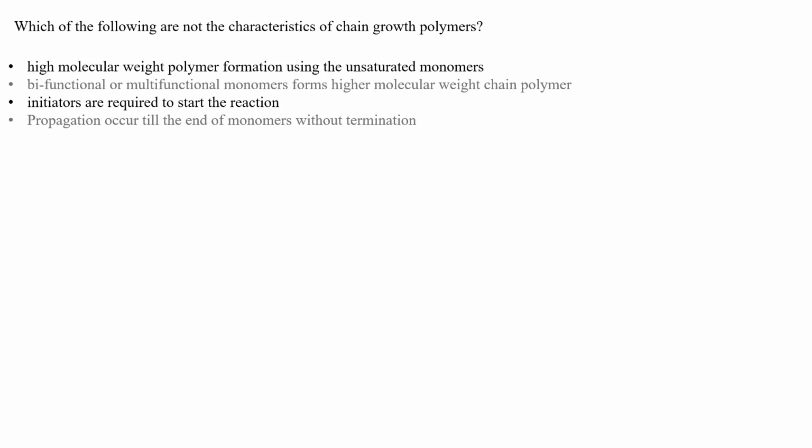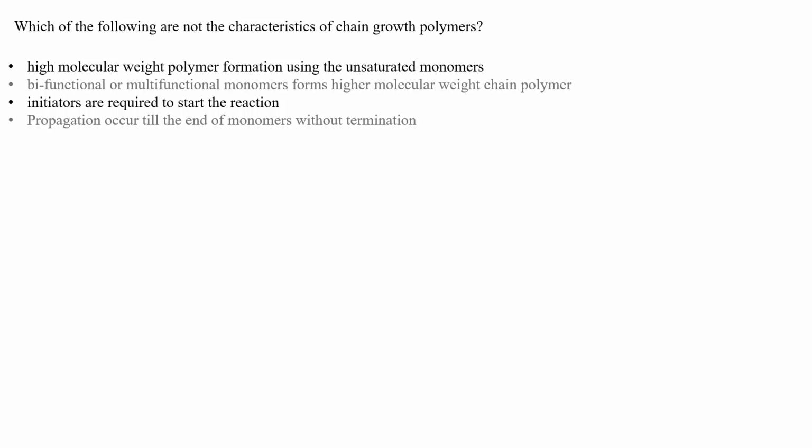Third is initiators are required to start the reaction. This is a quite basic concept; initiators are definitely required to start the reaction. That is correct. The fourth one is propagation occurs till the end of monomers without termination. Now this is not a characteristic of chain growth polymers. Why?